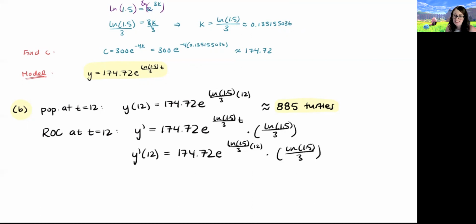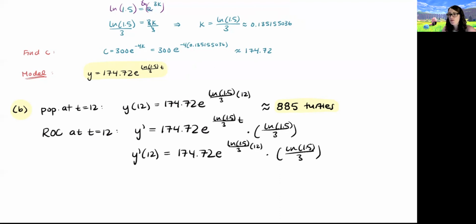So again, carefully plug this into your calculator. Make sure that you are comfortable evaluating something like this. And let's see, I'll do it too. So we want to do times the natural log of 1.5 over 3.